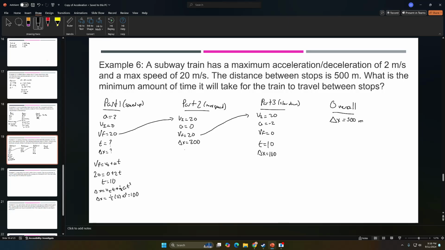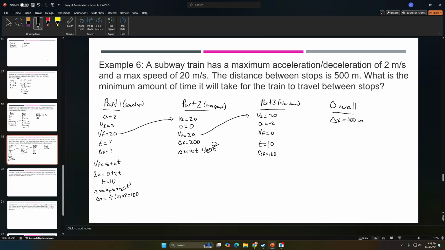All right, and now I can solve for the time because change in x equals v initial times time plus 1/2 at squared. That part is 0.